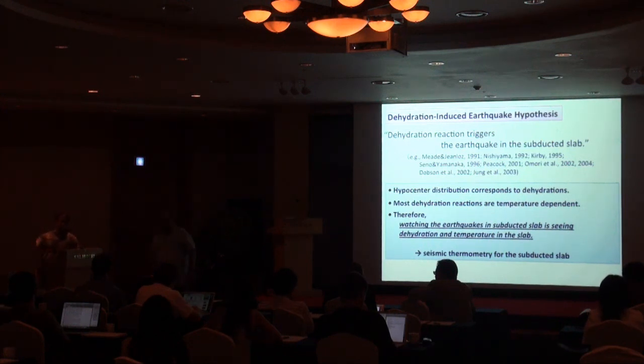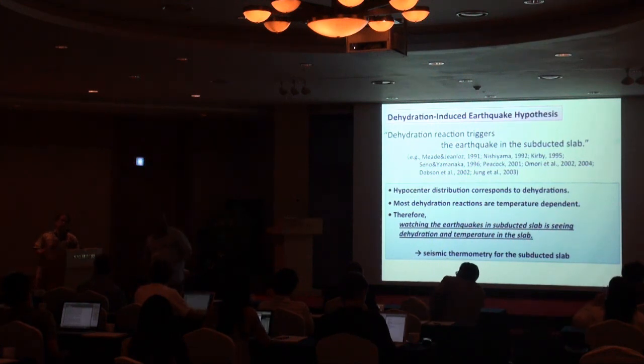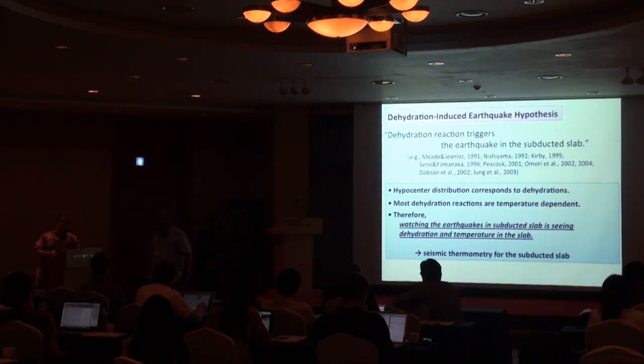And everywhere earthquakes could occur, but the dehydration only defines the location of such a failure occurring. It's a dehydration, but the dehydration doesn't affect the stress and also has no mechanical effect, right?